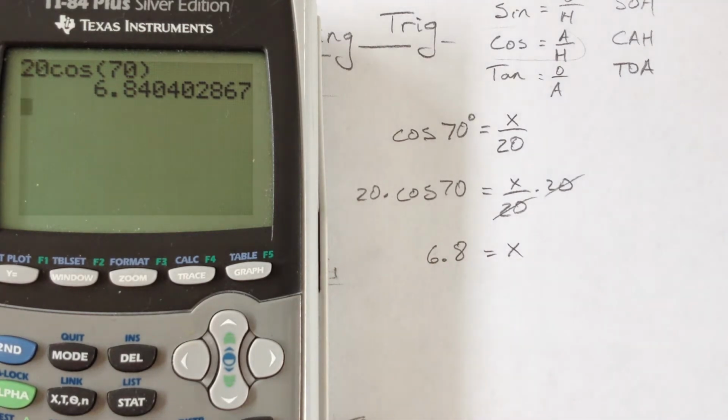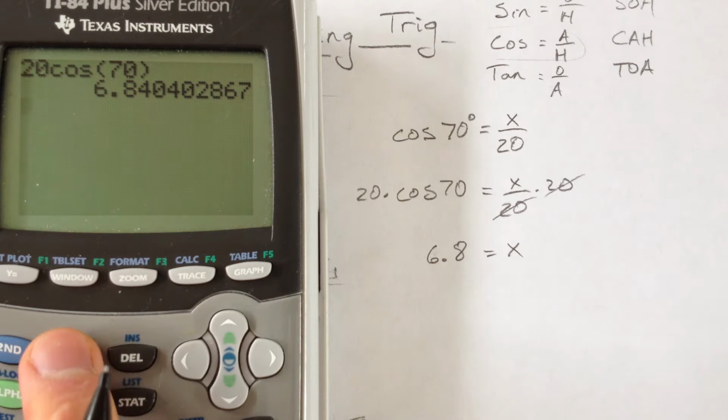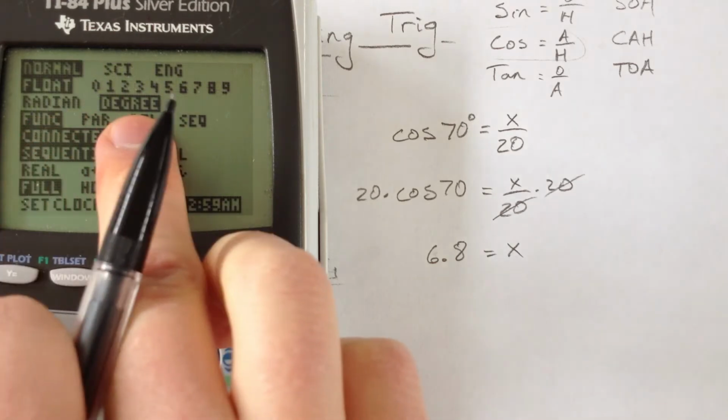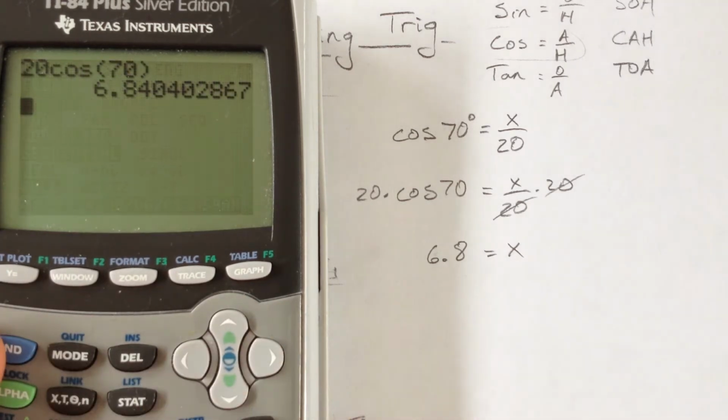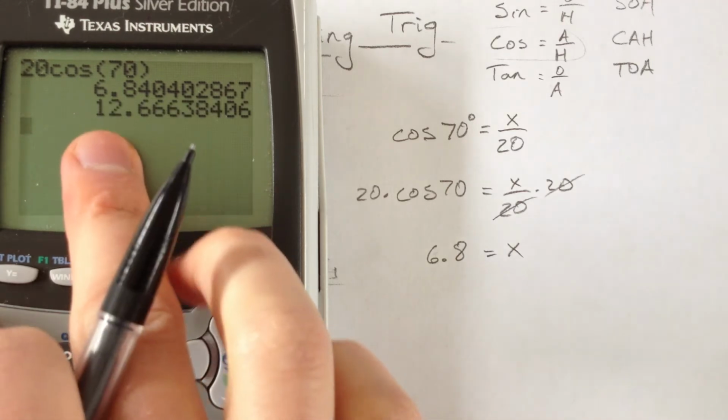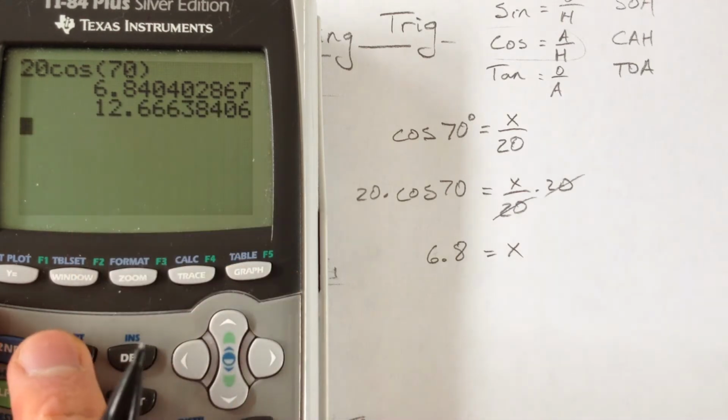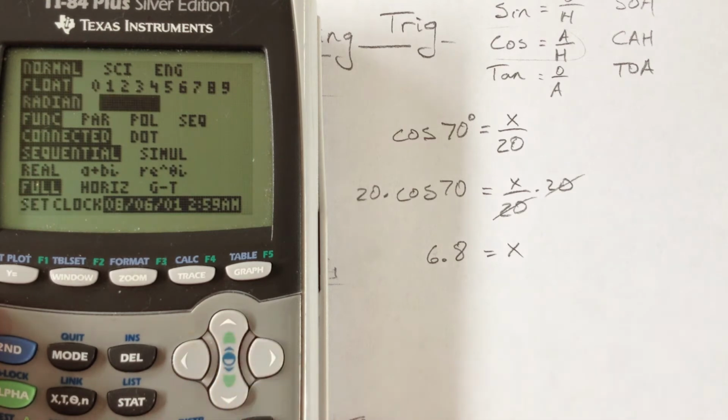Seems fairly straightforward. If you got a different answer, you might want to double check that you are in degree mode. How I just got there is I hit this mode button right here. Maybe you have radian mode and you got the answer 12.6. That would be incorrect. We don't know about radians yet, but you will.